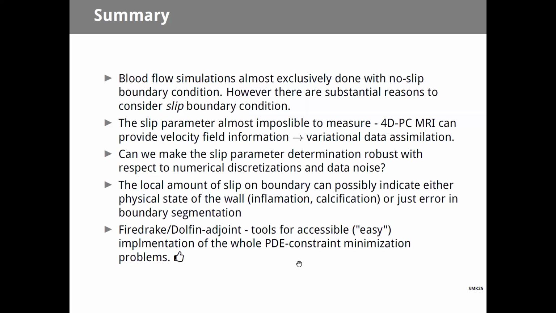You mentioned three types of finite elements: the Taylor Hood, the mini element, and P1 stabilized. What is the influence of the choice of the finite element pair? Have you done some investigation? We did some comparison.